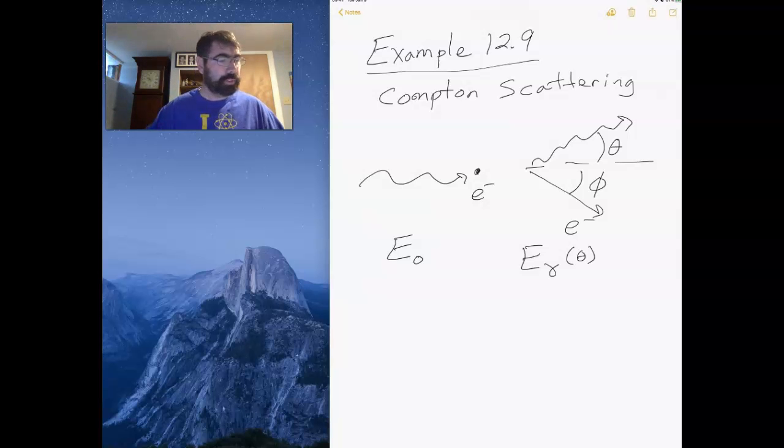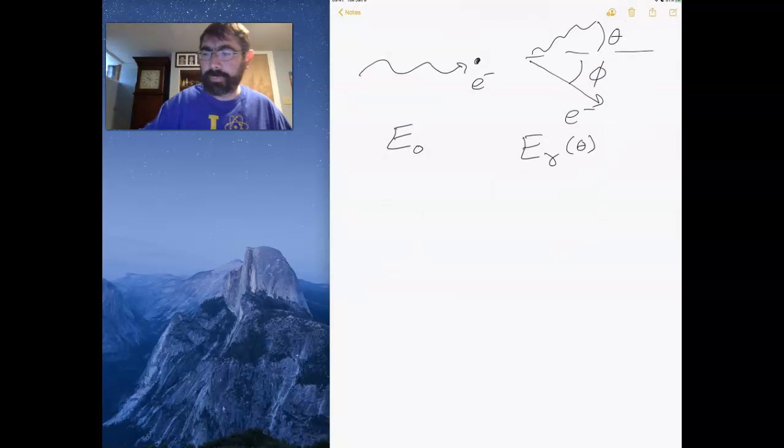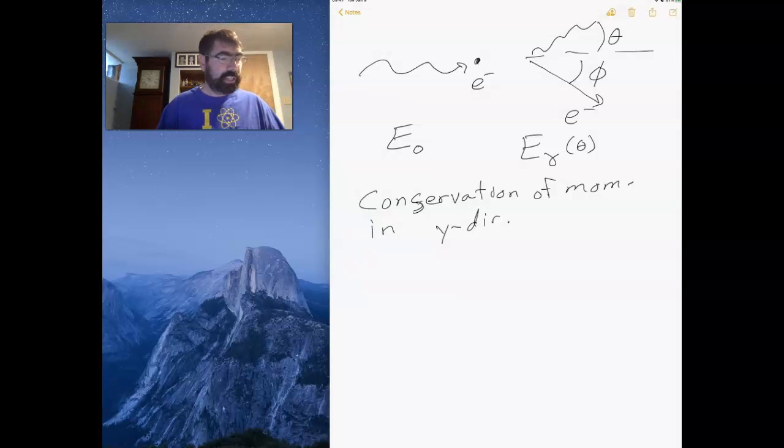We'll start with conservation of momentum in the vertical direction. I'll call that the y direction. In that case, initially there is no momentum in the y direction. Our photon is only moving in the x direction.